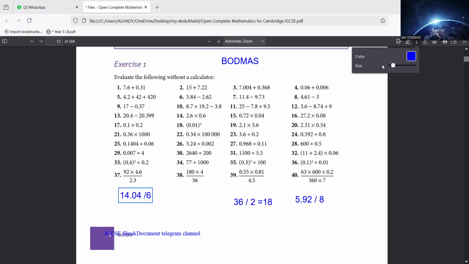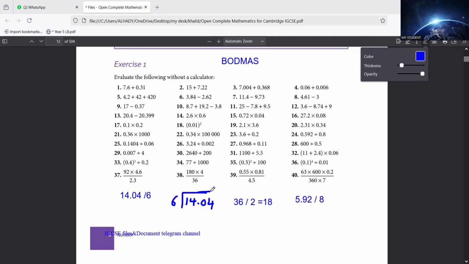Now we do long division as normal, as we've learned before. And we divide 14.04 divided by 6.